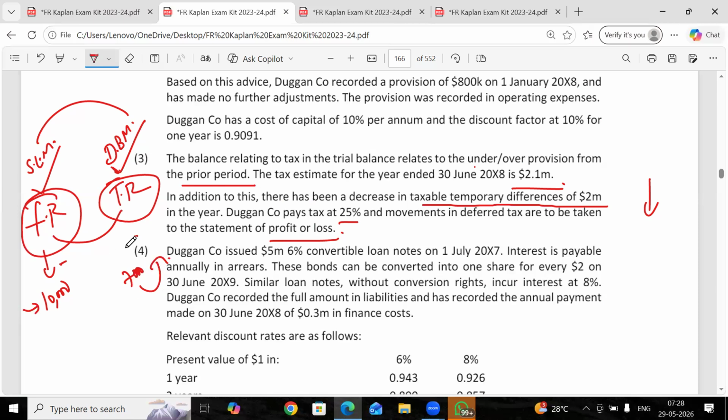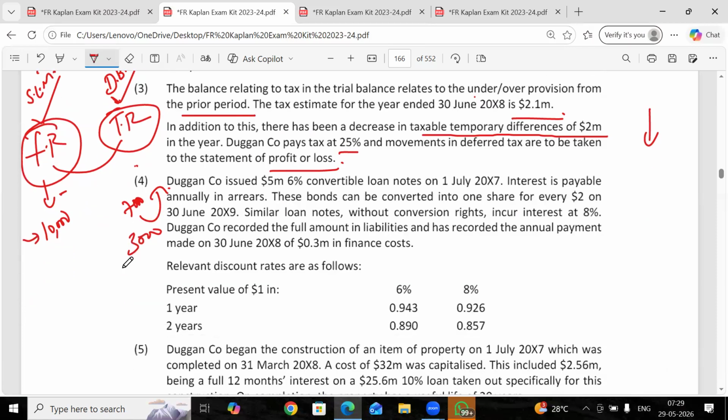So what they are saying is, the taxable temporary difference, which is creating a deferred tax liability, has decreased. That means the deferred tax liability, let's say my deferred tax liability is 3,000. Let's say this is the actual liability for me. Now it has got reduced from 3,000 to 1,000, yes or no?